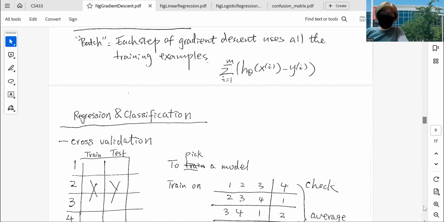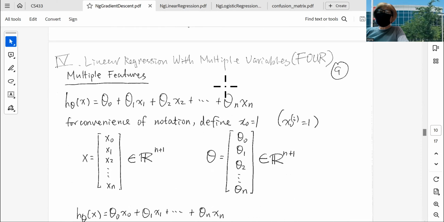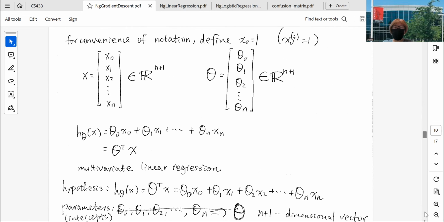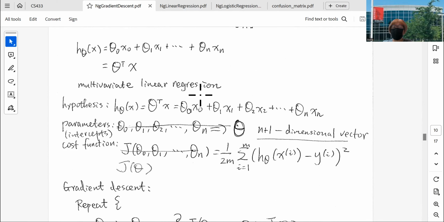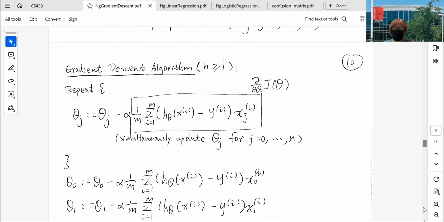And we already discussed all of this last class. And for multiple variables, last class we also showed some examples. So you can also use a similar idea. So multivariate linear regression was discussed here, a similar concept.